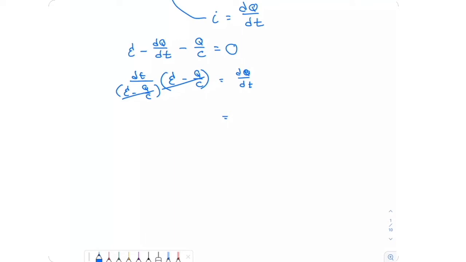When I do that, on the left I just get dt, and on the right I get dq over E minus Q over C.